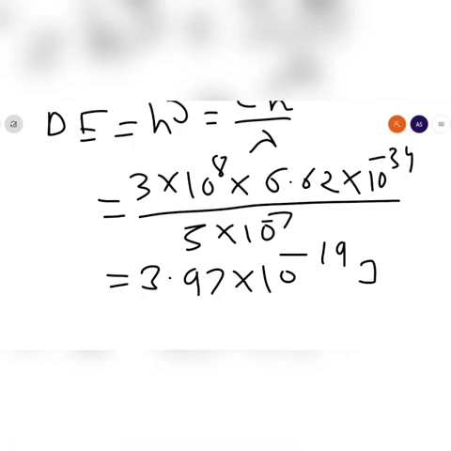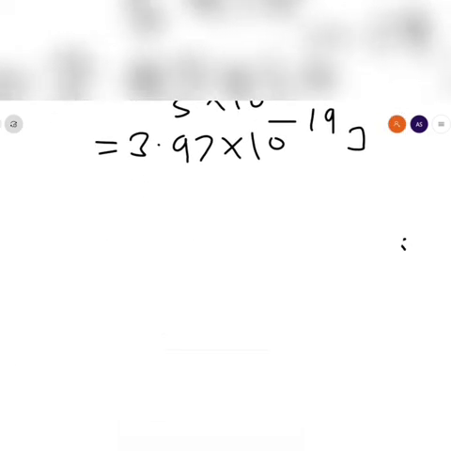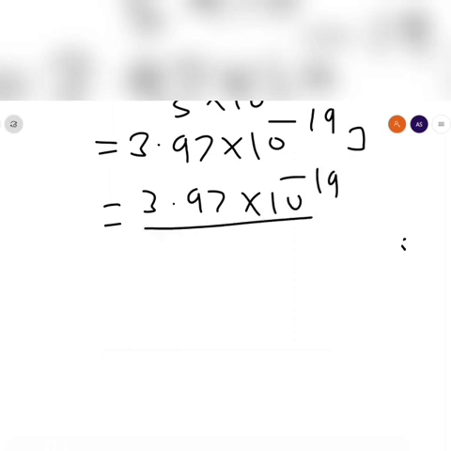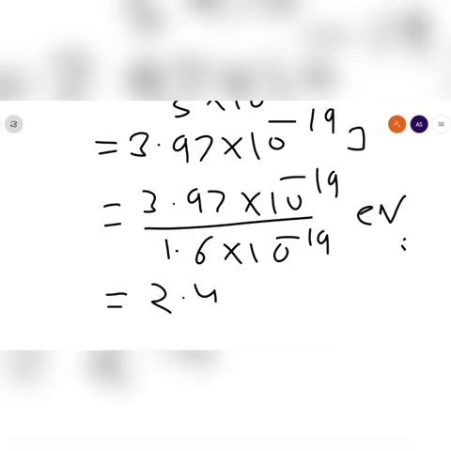Now you will convert this joule into electron volt. Simply divide 3.97 into 10 to the power minus 19 by 1.6 into 10 to the power minus 19 to get electron volt. You will get the result 2.48 electron volt.